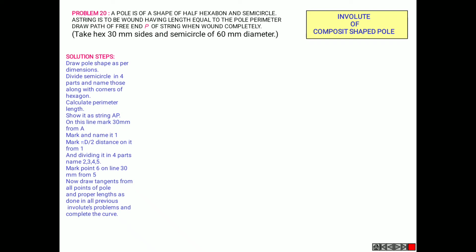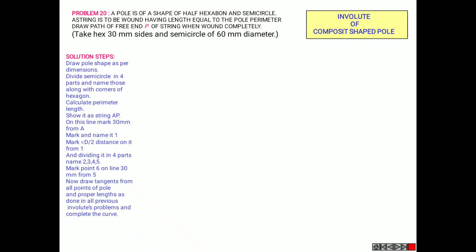Draw the pole shape as per your dimensions and divide the semicircle in 4 parts and name those along with concerned corners of hexagon, and calculate the value of perimeter length. Show it as string AB on this line and mark 30 mm from A. Mark and name it 1.